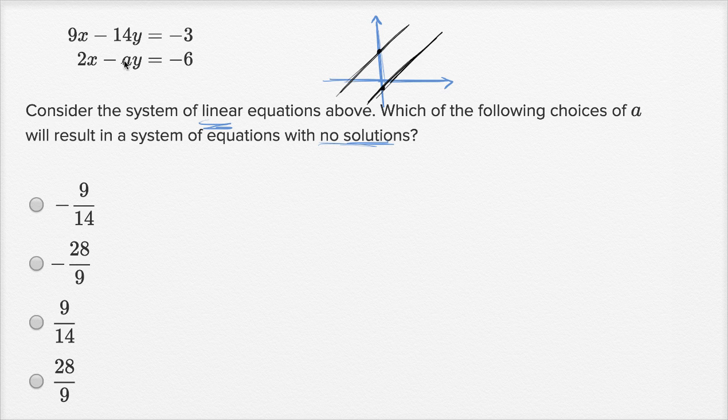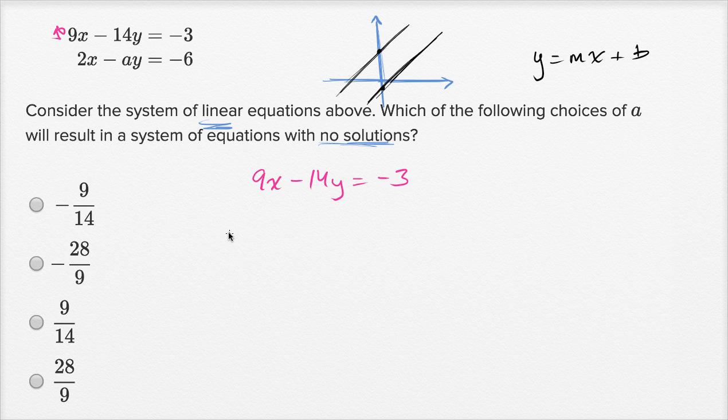So essentially, we need to pick the A here that makes the second line parallel to the first. To do that, I'm going to write both of them in slope-intercept form, where y is equal to the slope times x plus the intercept. So first I'll do this one up here. You have 9x minus 14y is equal to negative 3.